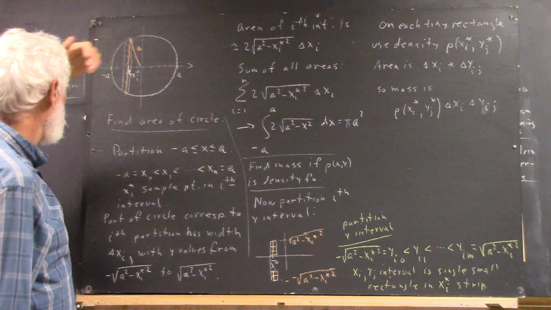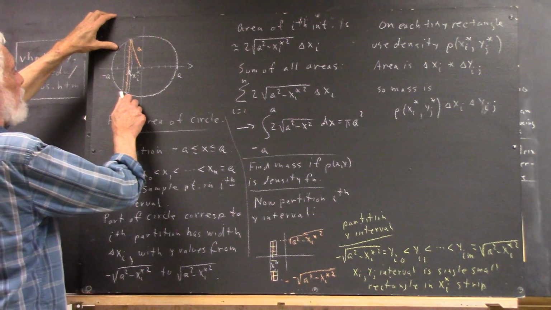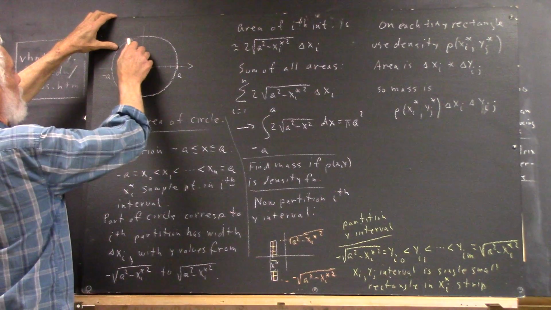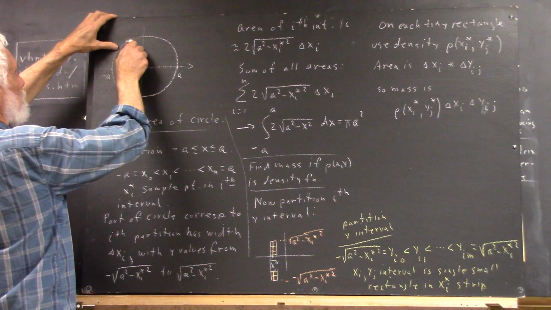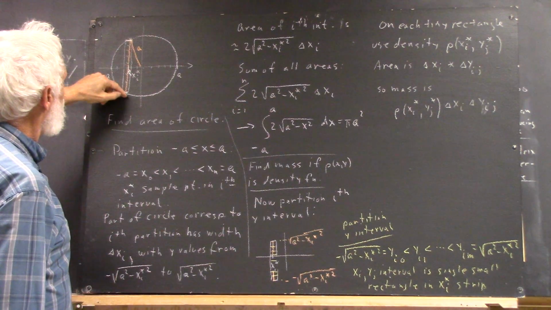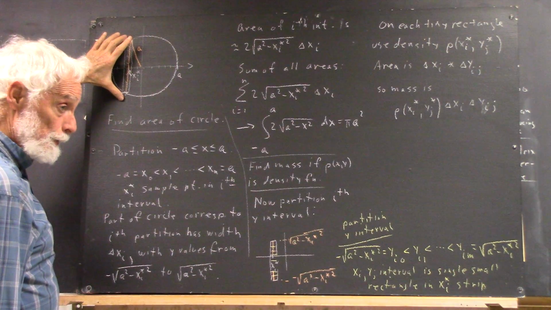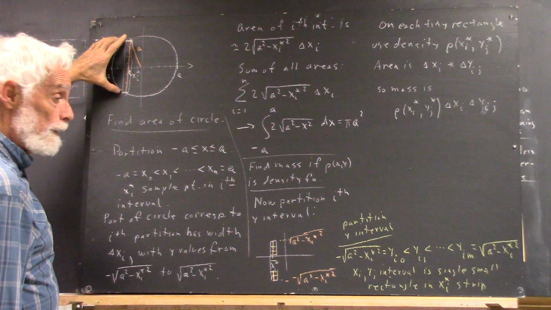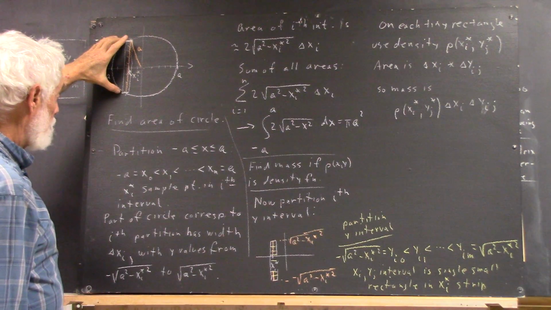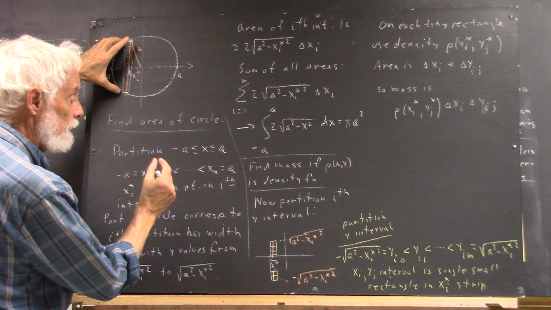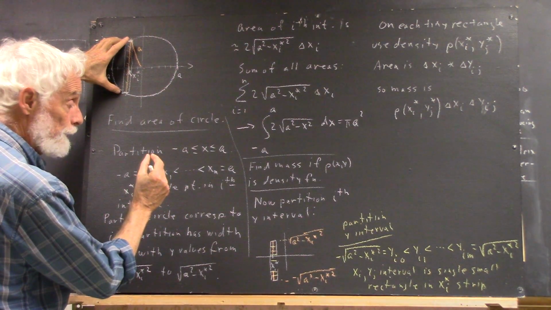Okay? And we're going to make a rectangle out of this. And we're going to say the area of this portion of the circle is very close to the area of this rectangle, to the extent that our subinterval is small.